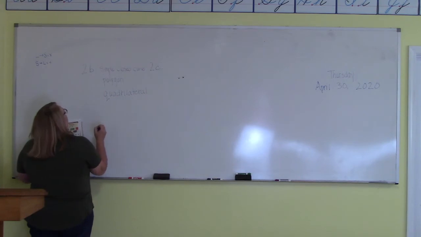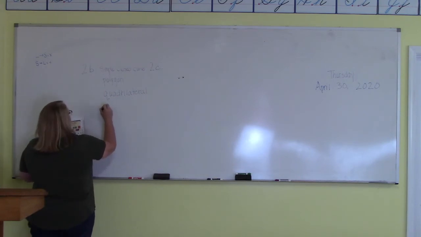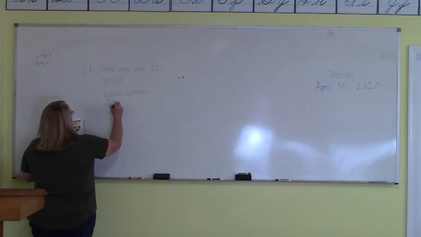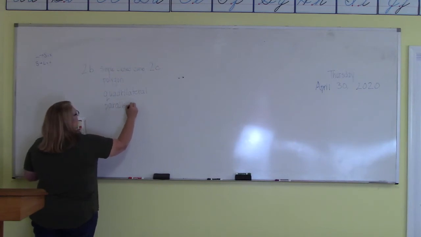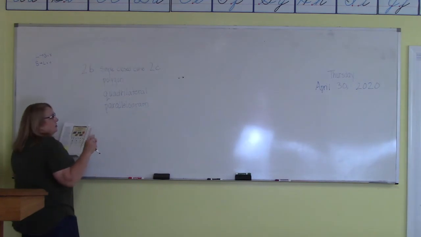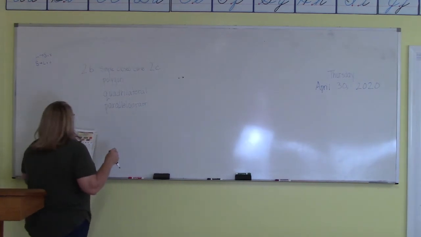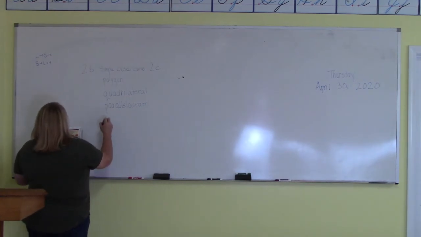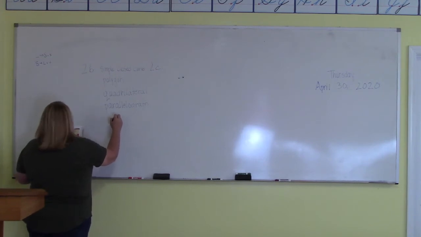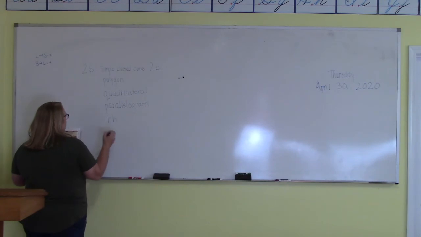It's also a parallelogram. Remember, parallel is it's parallel on opposite sides. And it's a rhombus because it's a parallelogram with 4 equal sides.